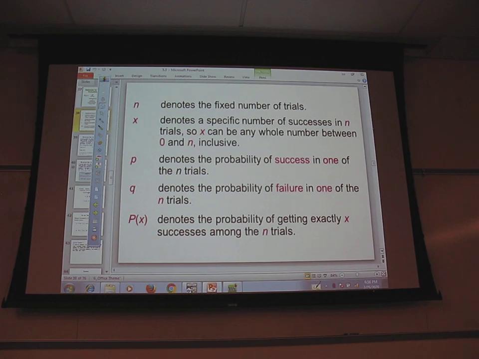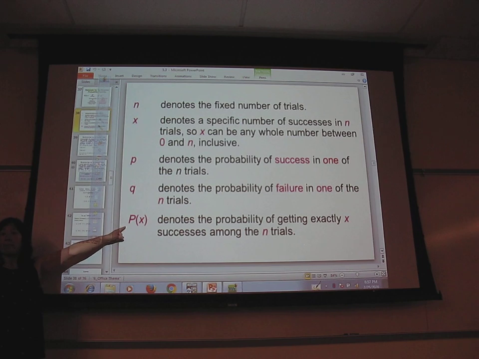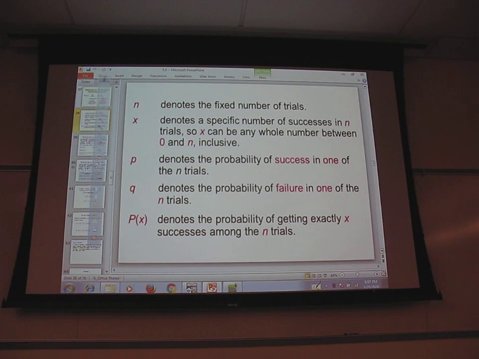Little p denotes the probability of success in one of the n trials. Little q denotes the probability of failure in one of the n trials. And big P of x denotes the probability of getting exactly x successes among the n trials.